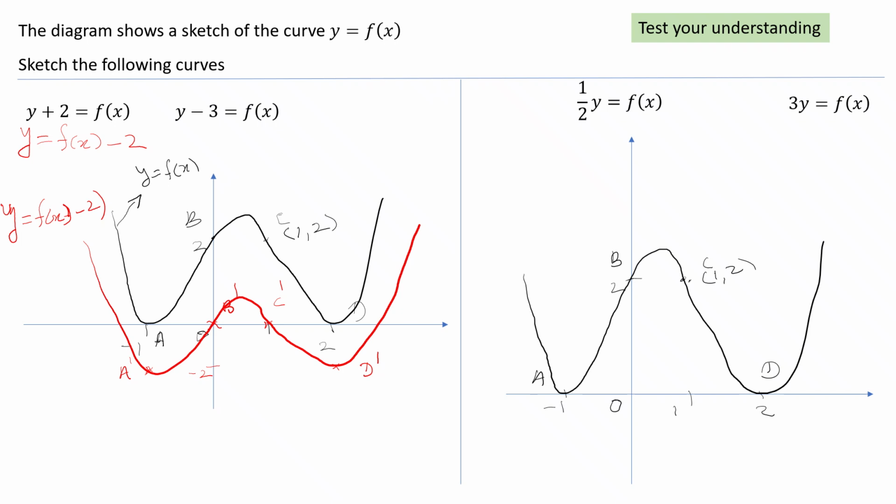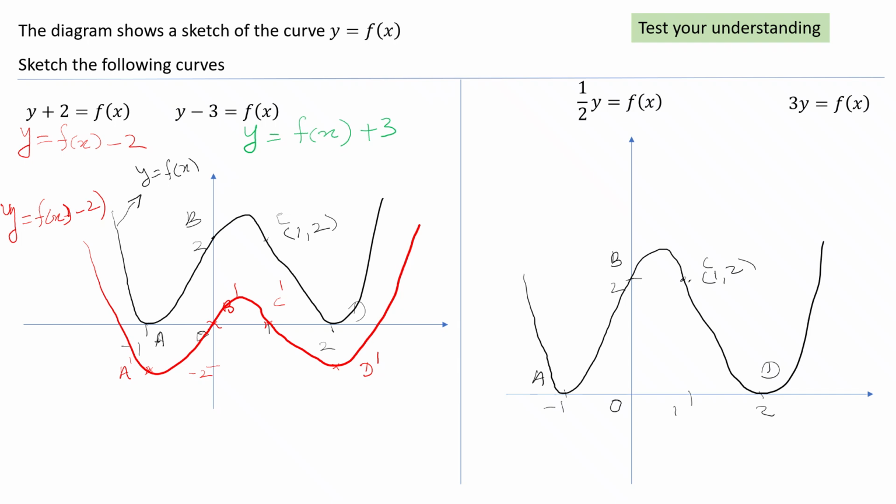Now next one, y minus 3 equals f(x). So I'm going to rearrange this: y equals something. So y equals f(x) plus 3. Now you can see the x coordinate is not changed, the y coordinate is changed.